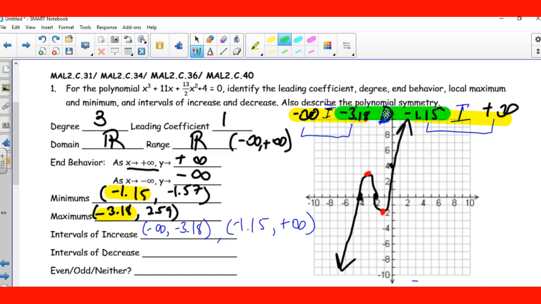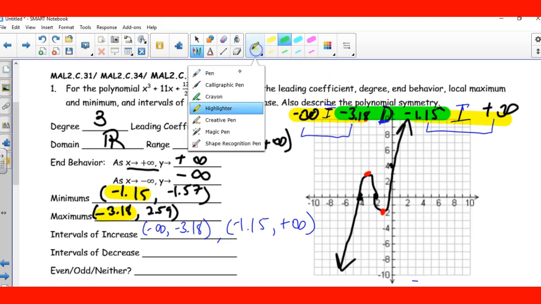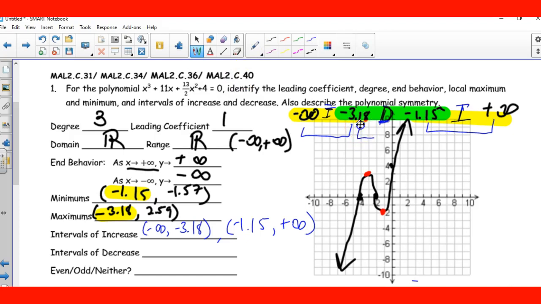You see the decrease, the D for decrease? The decrease is from right here to right there. So negative 3.18 to negative 1.15. That's my decrease right there.